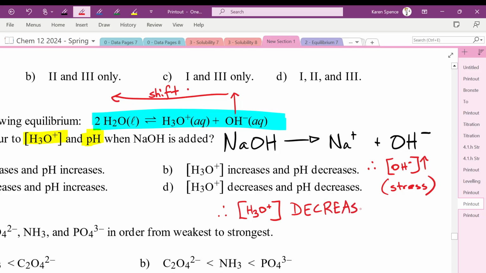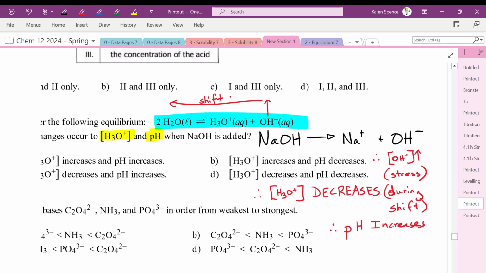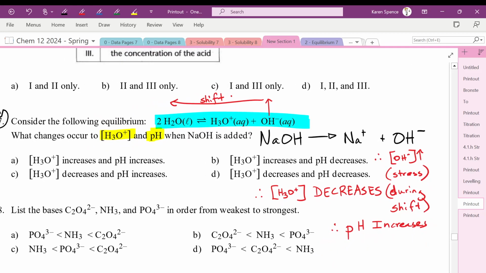H3O plus decreases during the shift. So what will happen to our pH? pH always goes the opposite direction of hydrogen, so pH increases. And so that's going to be H3O plus decreases and pH increases. That is option C.